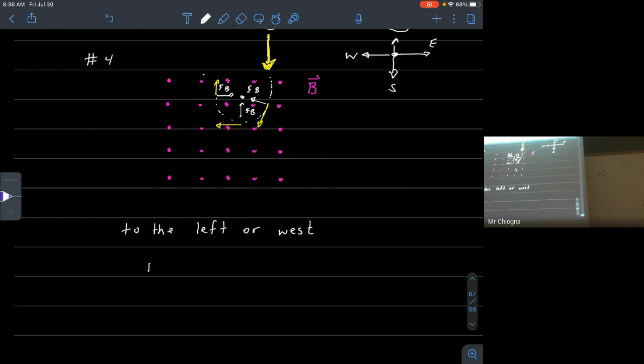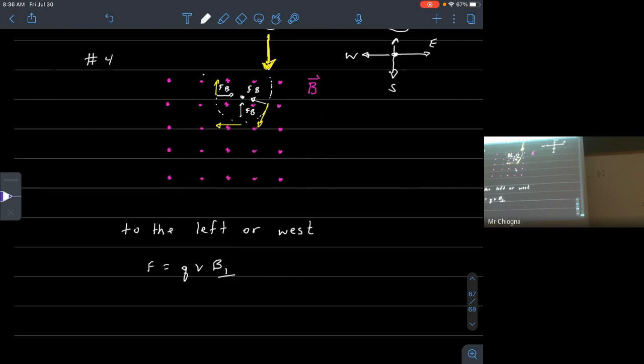F is equal to qvB, perpendicular. Yeah, it's going to hit the field.